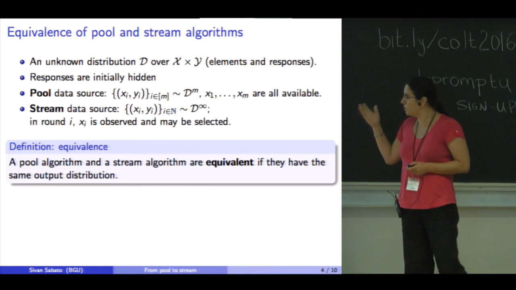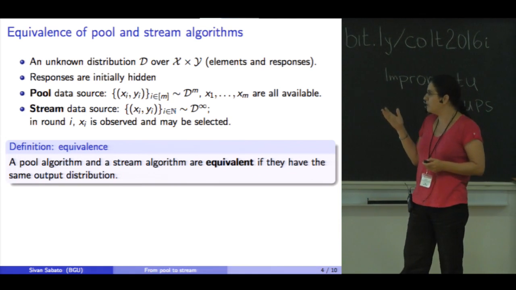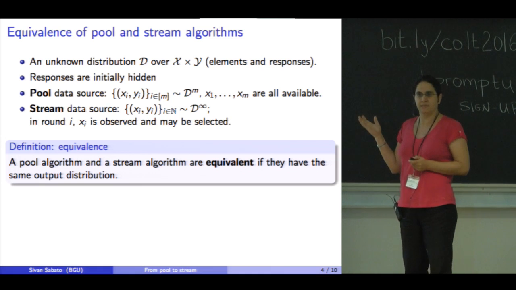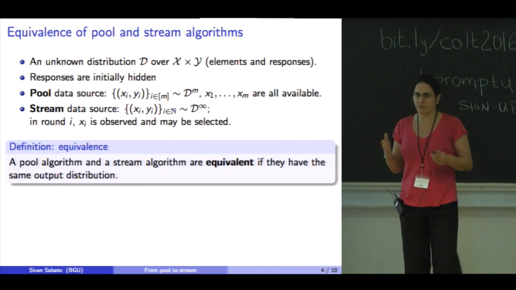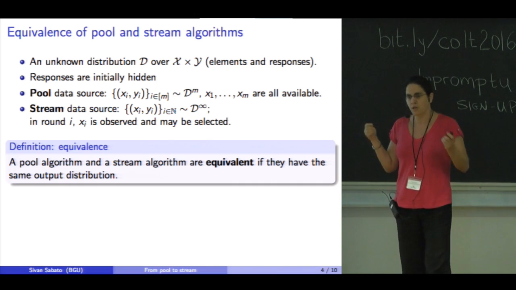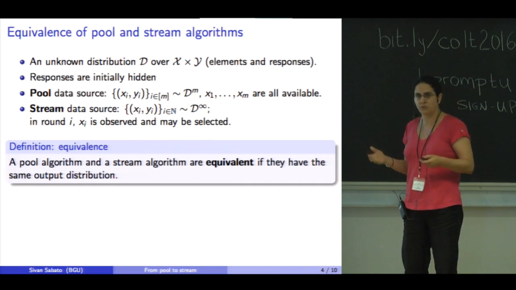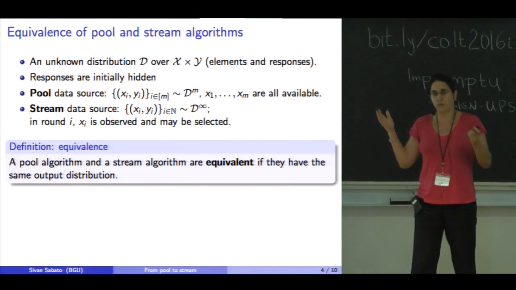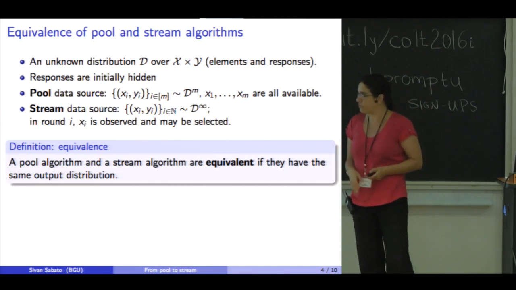We will consider a pool and a stream algorithm equivalent if their output distribution is exactly the same. So this is why I said before that I don't consider the specific reward function, because I'm going to look for algorithms that are totally equivalent in their output, which means that any function that I apply to one will be applied just the same to the other.